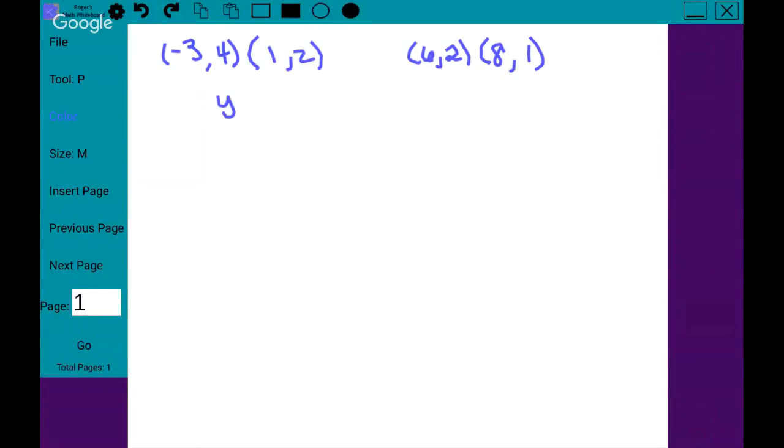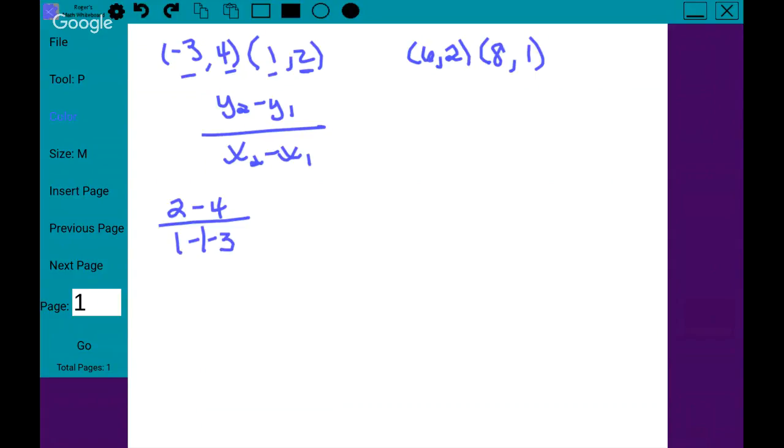So it's y2 minus y1 over x2 minus x1. So here's our y2 and y1. So 2 minus 4 over x2 minus x1. So 1 minus a minus 3 becomes 1 plus 3, right? So then 2 minus 4 is -2, and 1 plus 3 is 4, and that reduces to -1/2.